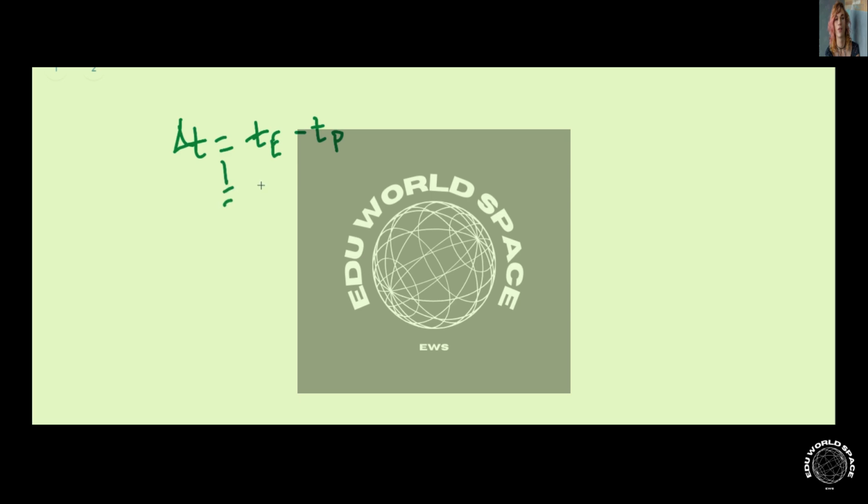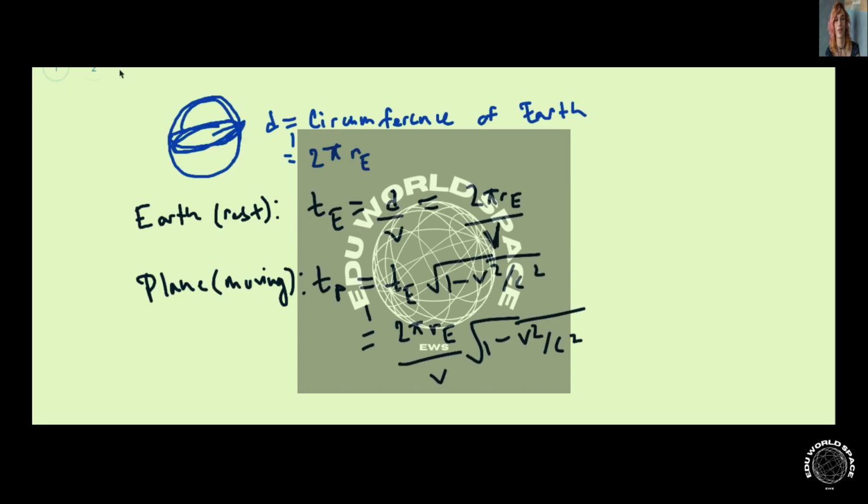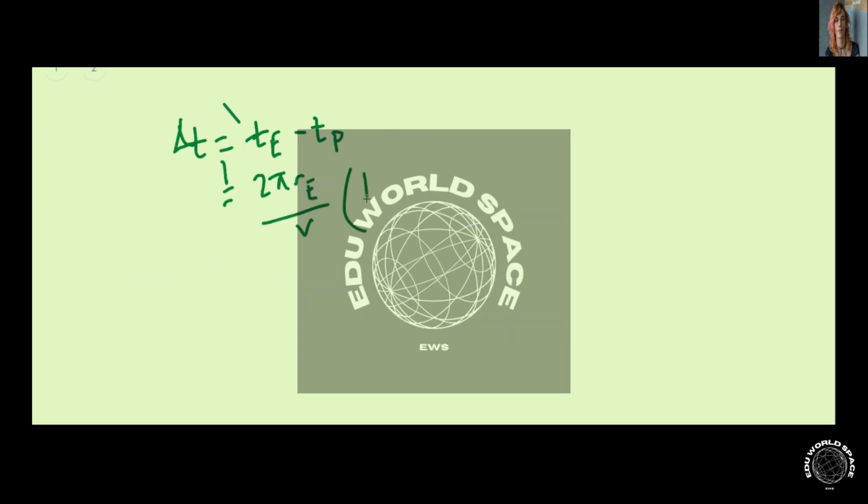And so this is just 2 pi r e over v as a common term, because that is the common term in both those times here, times 1 for the Earth measured time, minus square root of 1 minus v squared over c squared for the plane measured time.